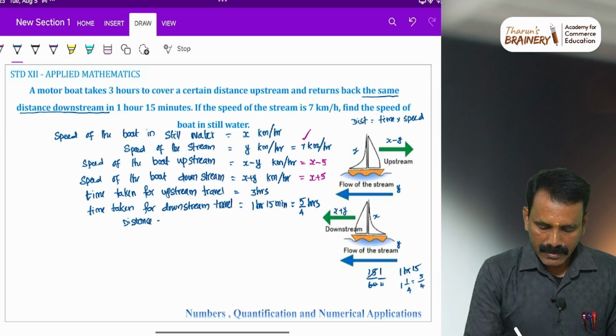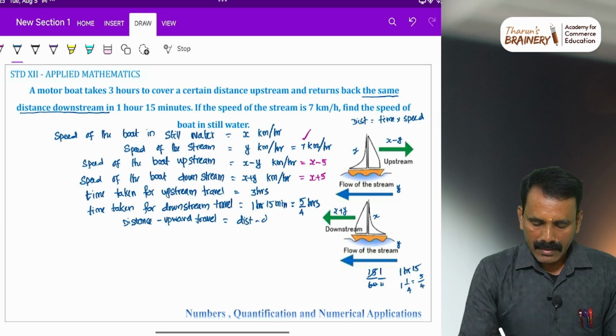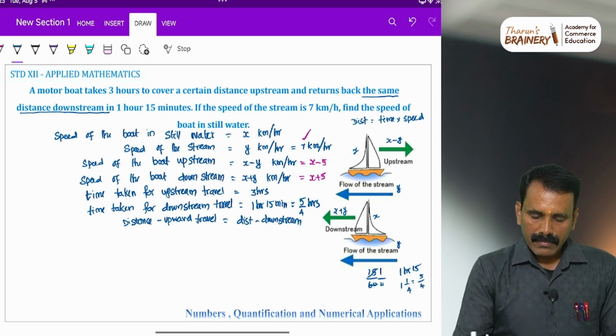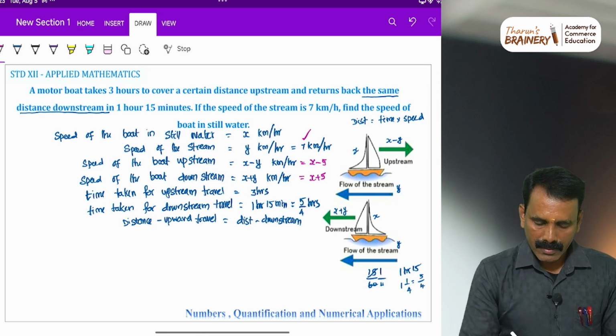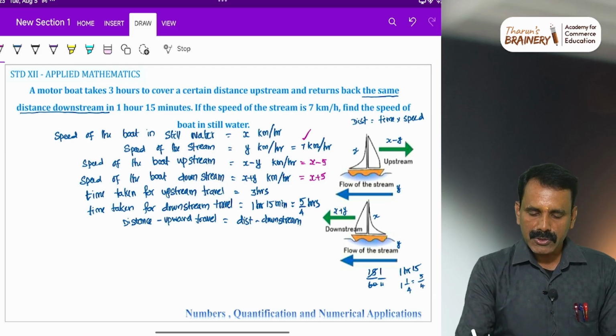Distance traveled upstream is equal to distance traveled downstream. So we substitute. Distance is nothing but time into speed.